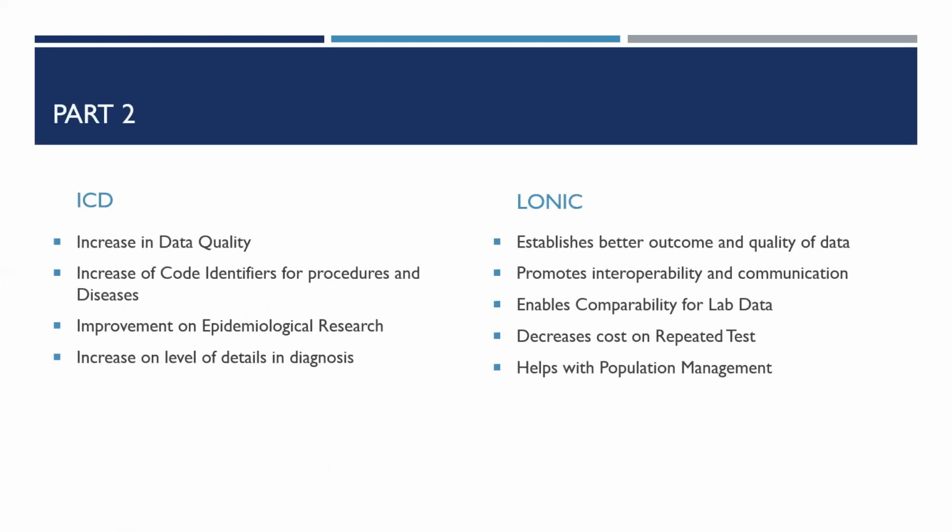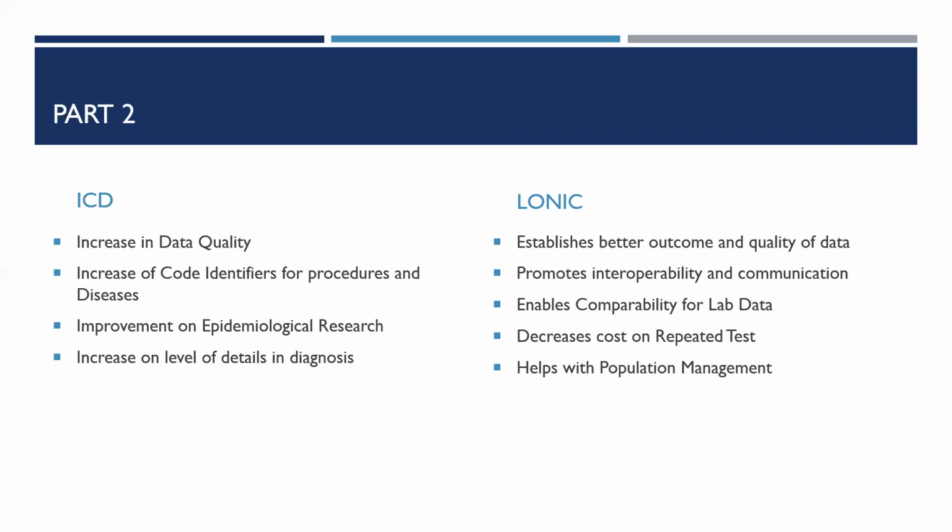So for part 2, I chose ICD codes and LOINC. For ICD, these were some of the benefits that I thought were beneficial to the healthcare system now: the increase in data quality, and the increase of code identifiers and procedures for diseases, because originally ICD started as basically just a list of how people have been dying.